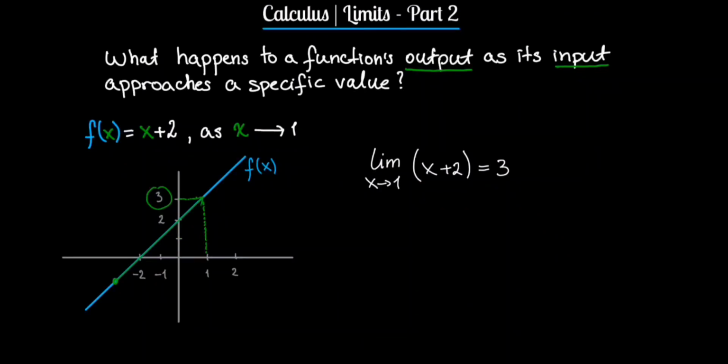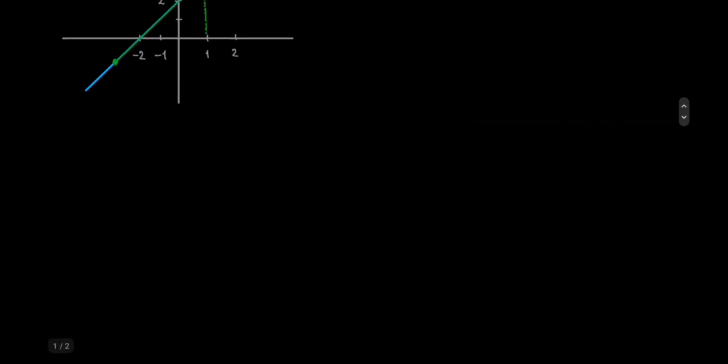It is not always as simple as that. So let's take a look at another example. Let's say you want to find the limit as x approaches 2 of the function 1 over x minus 2. As you can see, here you can't simply just take the limit value and plug it into the function.